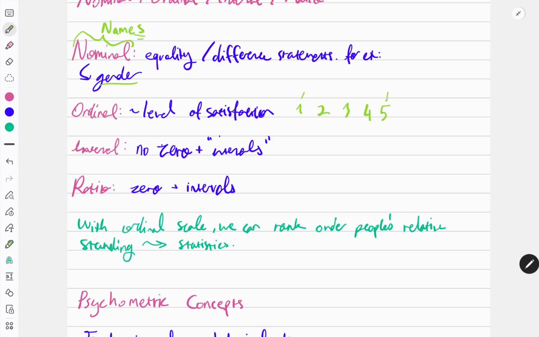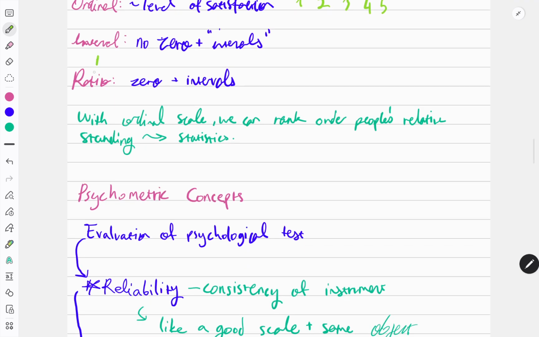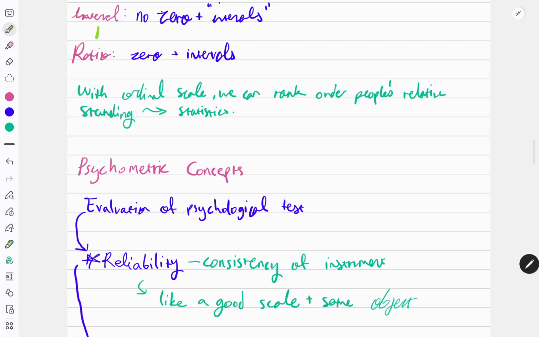And interval is based on certain intervals, but there is no zero. There is no zero, we have intervals. Ratio is intervals with zero. So it's starting from zero with certain intervals. The only difference between interval and ratio is that.